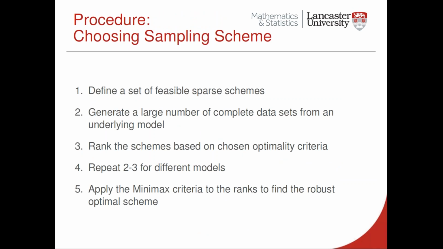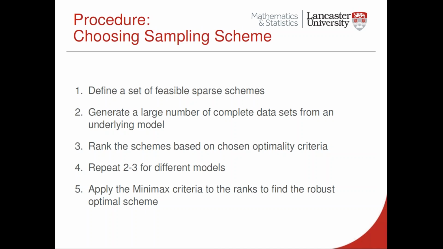Okay, so now let's go on to the second stage of the procedure. In the first stage, as I said, the purpose was to identify the time points that should be considered for sampling.